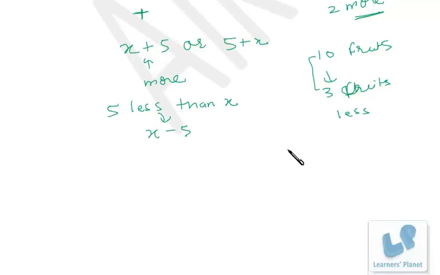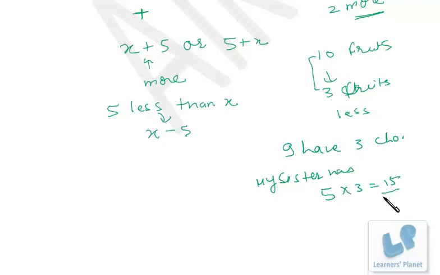Next, I take one more example. Suppose I have 3 chocolates and my sister has 5 times the chocolates that I have, right? So how many chocolates does my sister have? 5 times 3, that is 15.